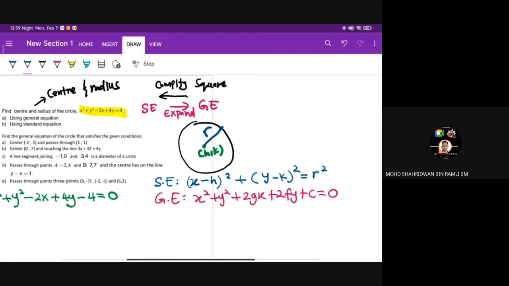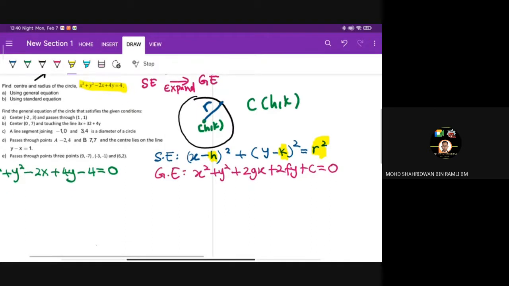Same goes for the standard equation. In the standard equation, (h, k) represents our center, and this one is our radius. So you need to compare with the standard equation, and then you will find your center and radius. I will show you later.